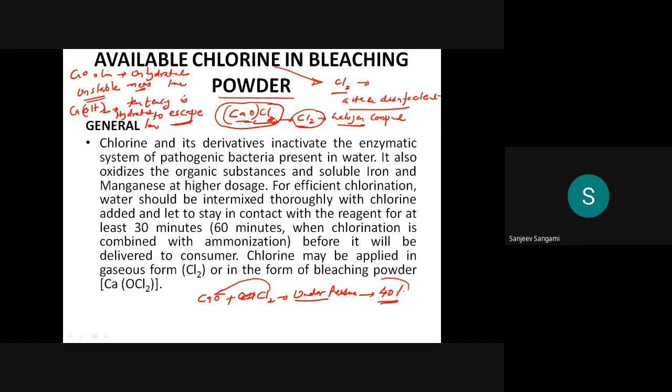The chlorine percentage in bleaching powder will not be more than 40%. That is the maximum that you can expect. You cannot get 80% chlorine in bleaching powder.